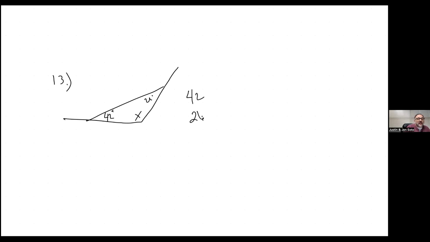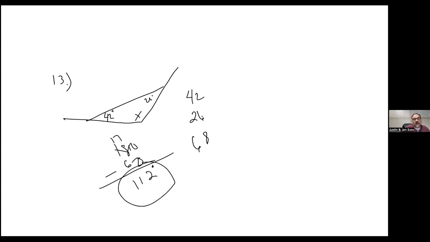Then we subtract that total from 180. That gives 112 degrees. So the answer to number 13 is 112 degrees. Perfect. You should know how to do that.